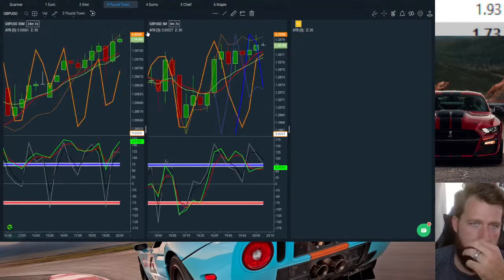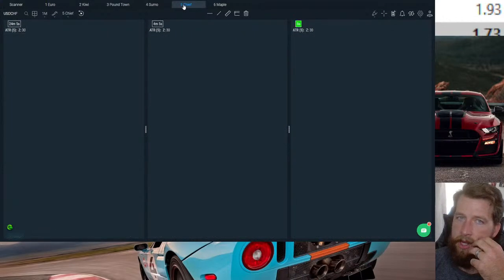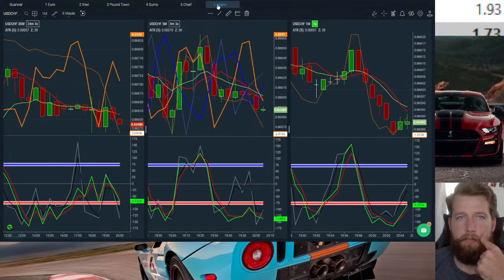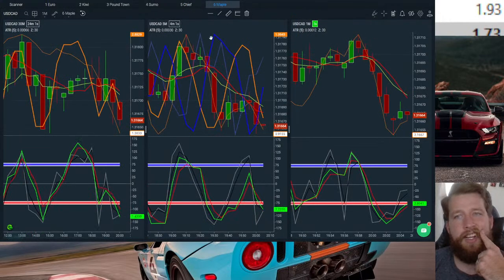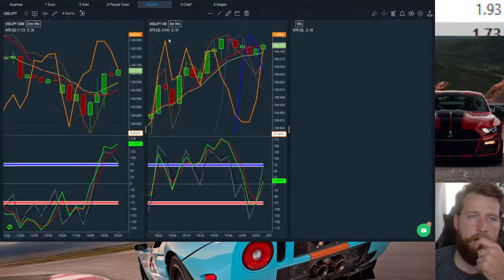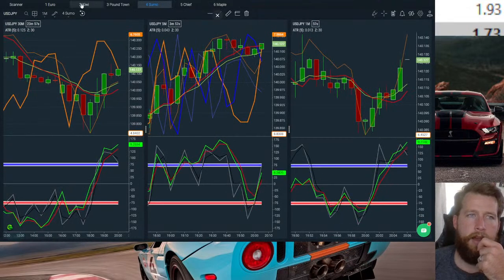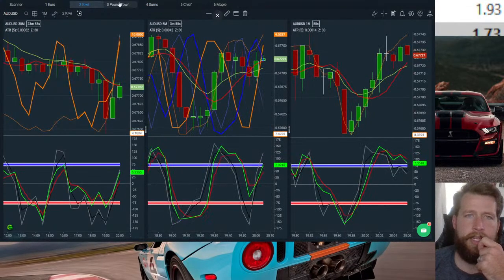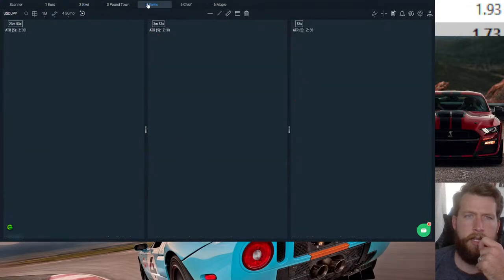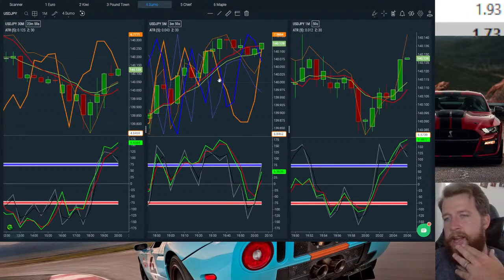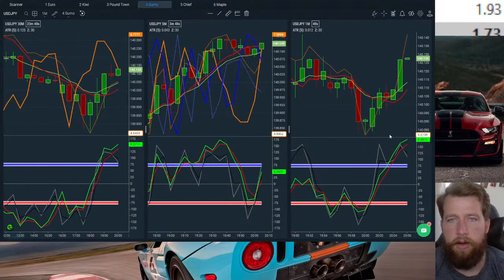Let's see what else is going on. That's not moving enough. That's not really moving enough. I guess we could keep an eye on the Aussie. I'd really like both of these to be moving a little bit more, to be honest.